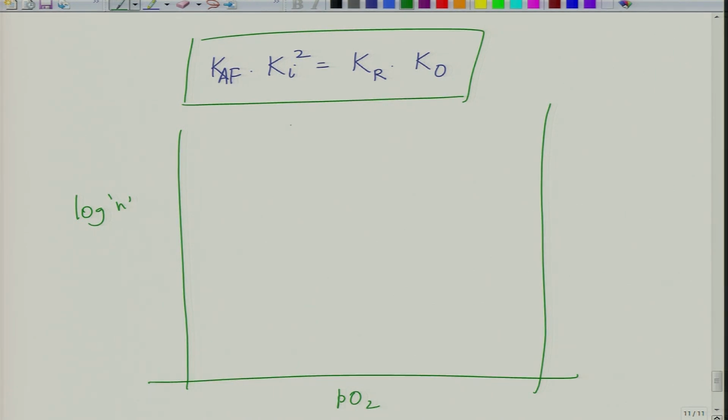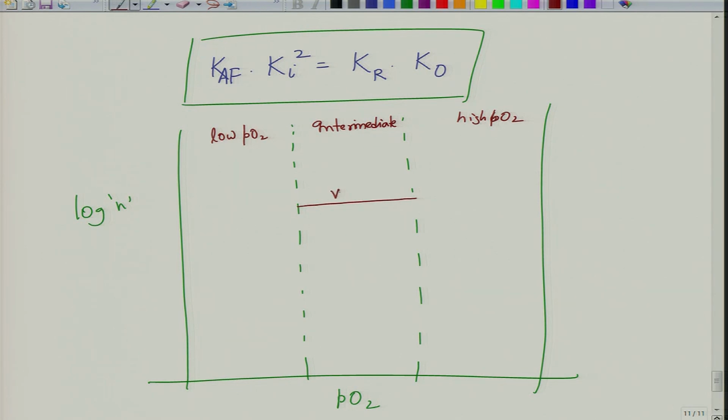So, you can distinctly draw three regions. So, this is a region of, let us say, intermediate PO2, this is high PO2, and this is low PO2, okay. So, let us say if the anti-Frenkel defect dominated, then in this region your VO will be equal to OI, and there will be certain concentration, okay.